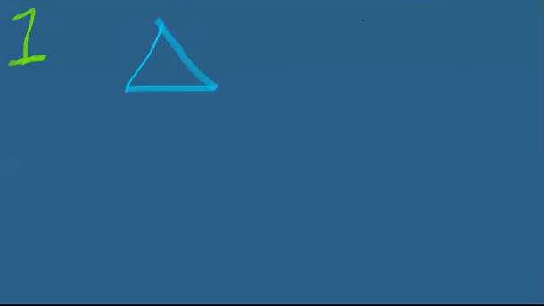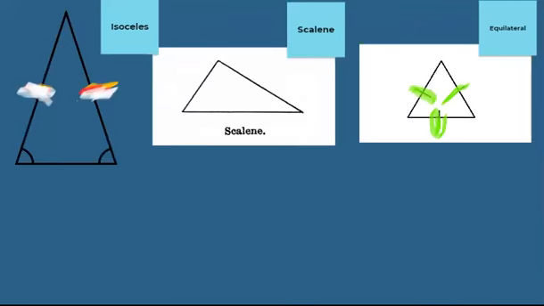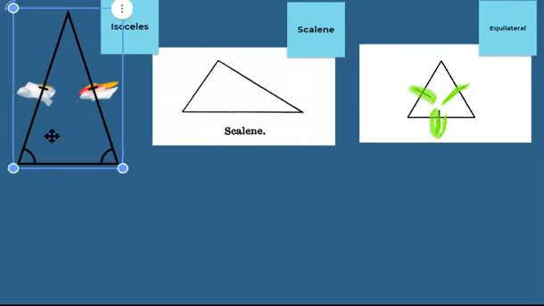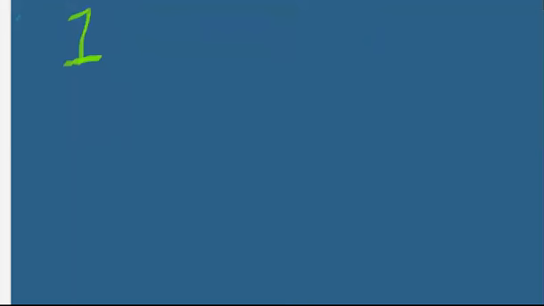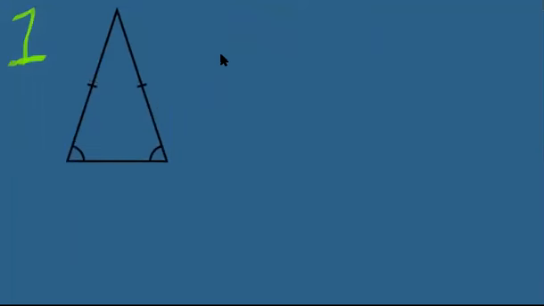That's not very good. It looks like an equilateral triangle. But let me just take this picture from over here, copy that, paste it here. Okay, so this is what an isosceles triangle looks like.